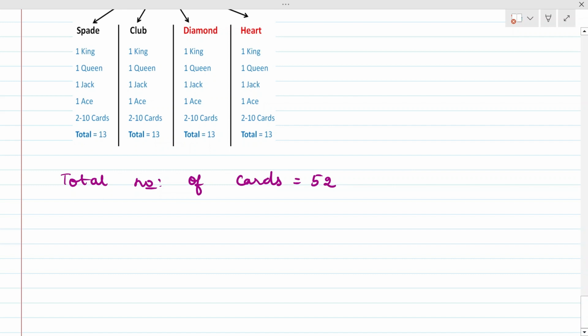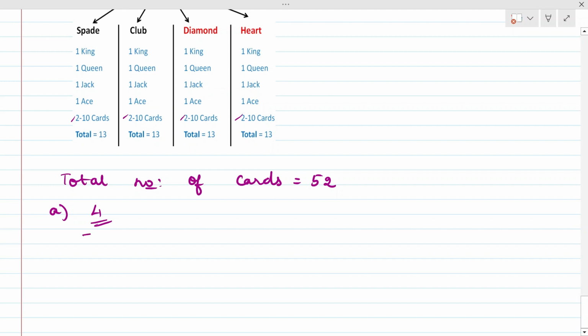We have 52 cards. Okay, and the first subdivision is 4. How many 4s you have? So here in this spade we have one number card. Here club we have one number card, diamond and heart. So 4 4s are there. In spade we have 1 4, in club we have 1 4, in diamond and in heart each one will have 1 4.